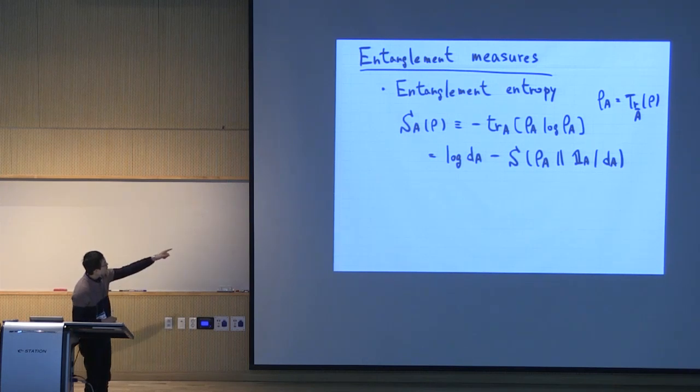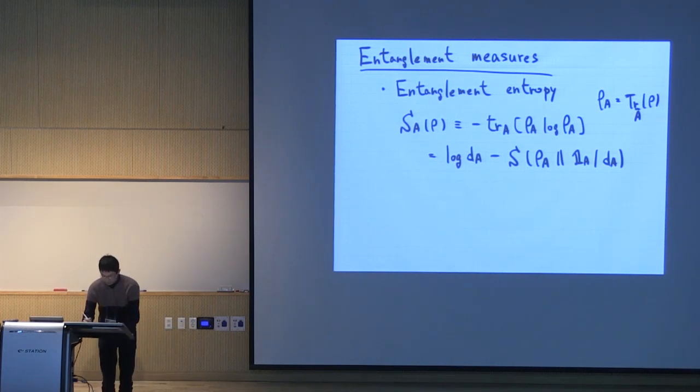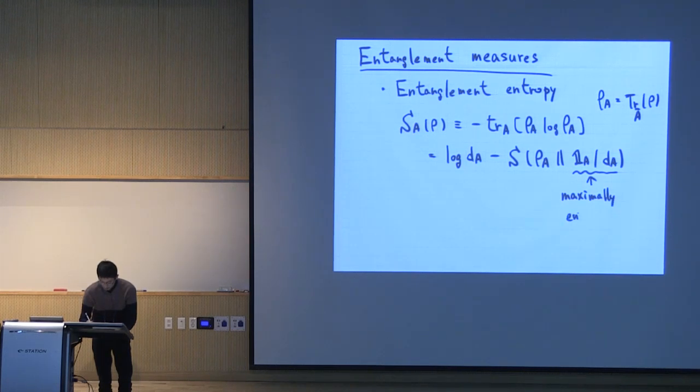Basically, you compare the given reduced density matrix with the uniform state. This is the uniform distribution, the so-called maximally entangled state.